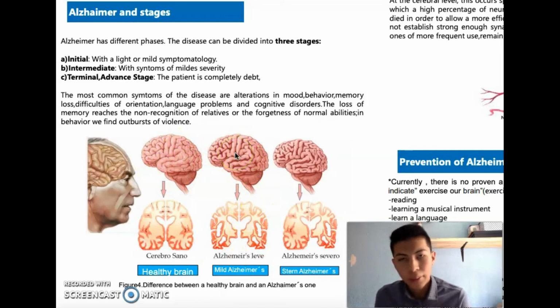And finally, the terminal or advanced stage, where the patient is completely dependent. And obviously, in that image, we have the same situation, with the decrease in the brain, and the manifestations are more common: the memory loss, the temporal and spatial disorientation, and the intellectual and personal deterioration in general.